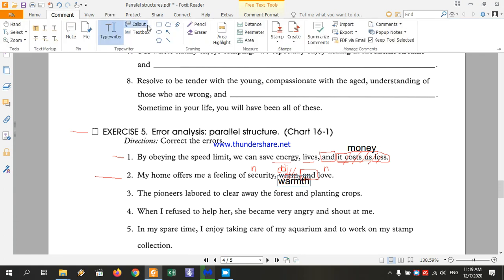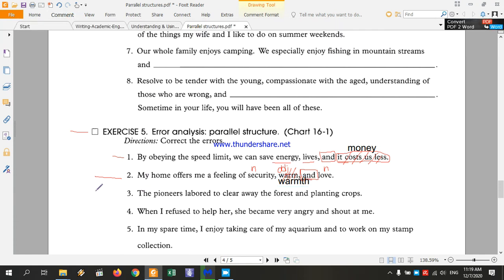Number 3: The pioneers labored to clear away the forest and planting crops. Here is our and. It's preceded by an infinitive, so it must be followed by an infinitive as well.